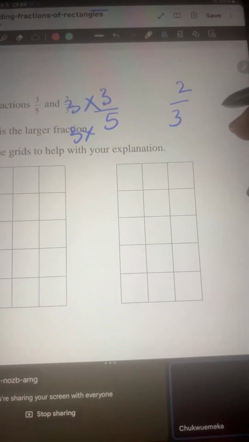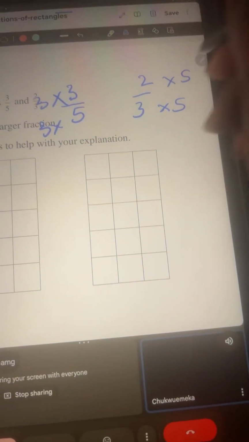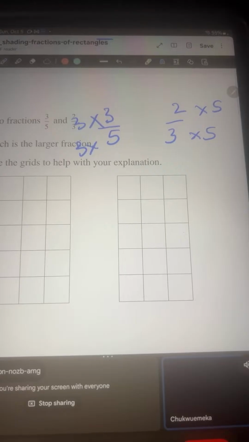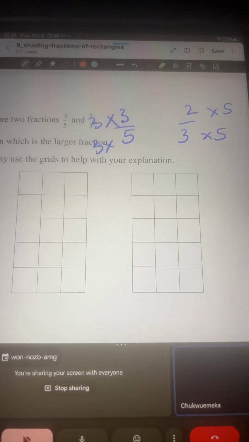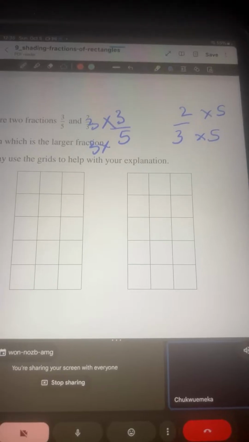You know that? Yes. Then multiply this one by 5, multiply this one by 5, because whatever you do to the numerator of a fraction and you also do it to its denominator, nothing has been changed. It means that everything is still perfect. So once you are doing it to both numerator and denominator, then it's fine.